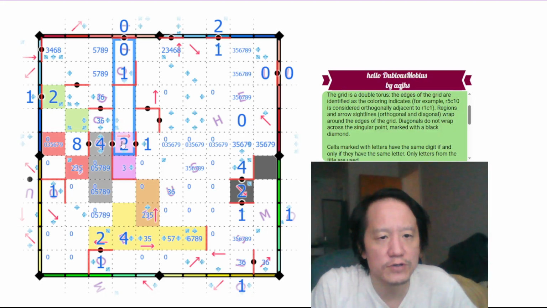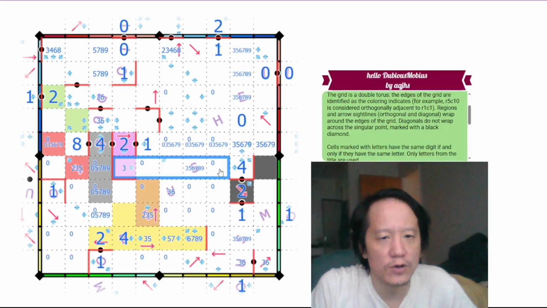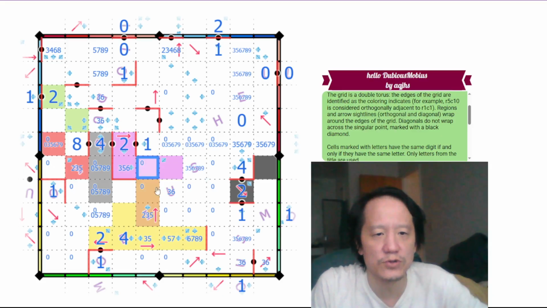Can't be 0, 1, or 2. It could be 3, and then it goes up. It could be 3, cannot be 4. It could be 3, including itself. 3, no 4. It could be 5 or 6. So this is 3, 5, or 6. We are guaranteed these three are the same region.